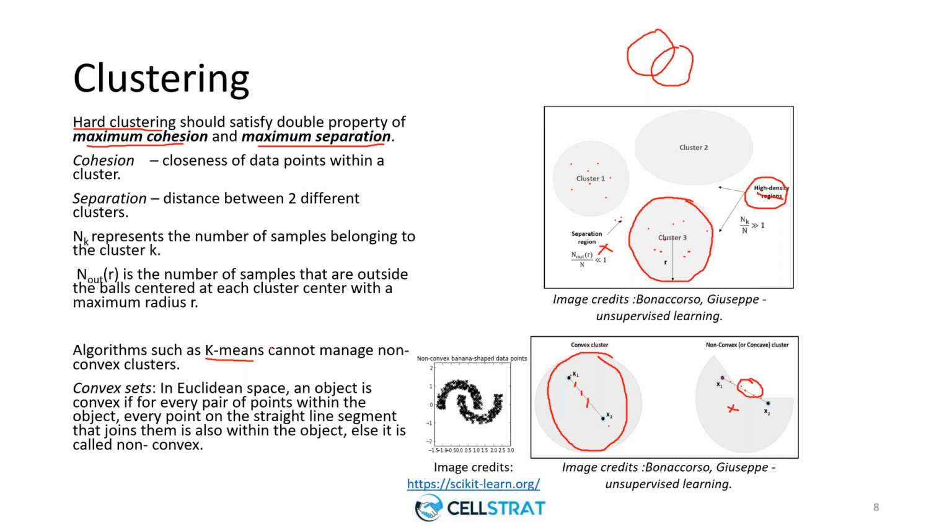Now you know K-means uses Euclidean distance, right? With this in mind, can you tell me why it fails for non-manifold data points, or something like banana-shaped data points? Why would it fail? Let's see.